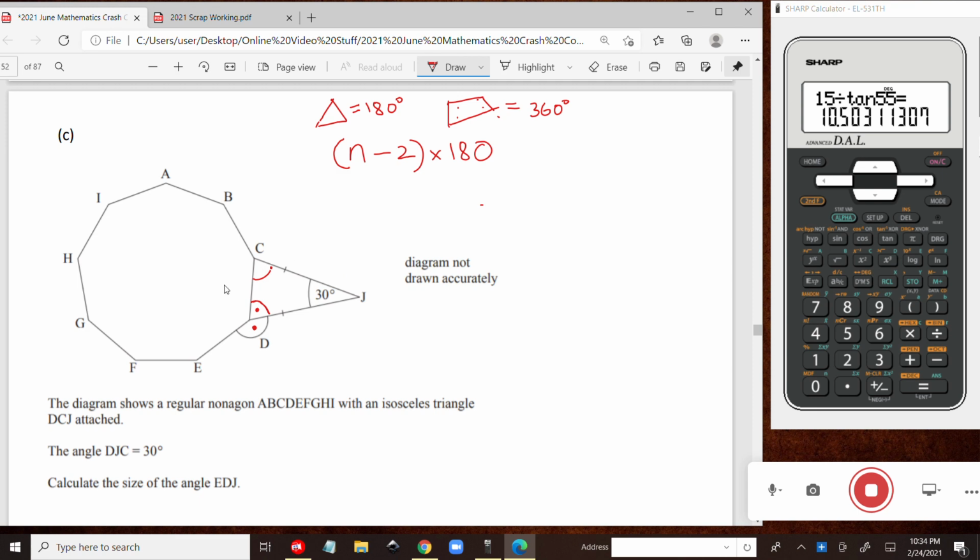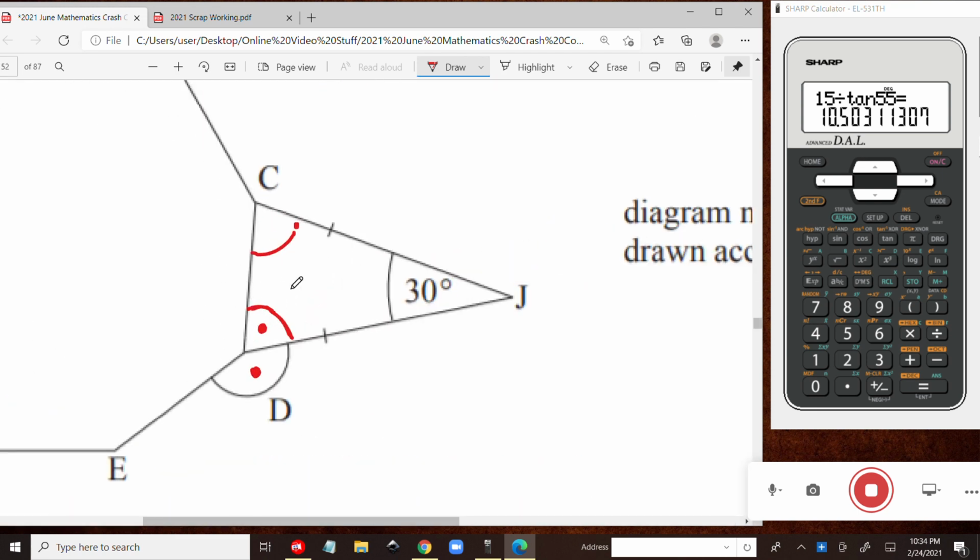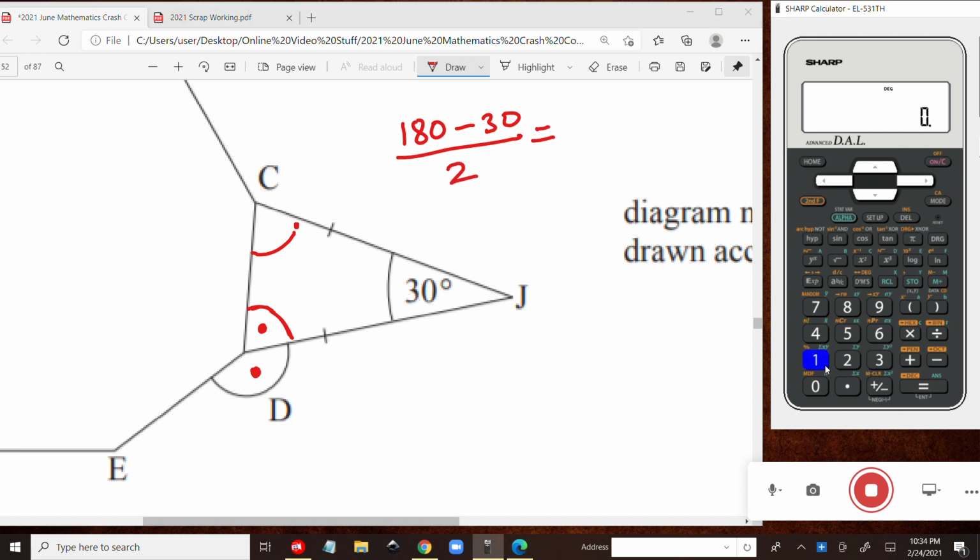So let me zoom in here a little bit. In an isosceles triangle, if this is 30 degrees and these two angles are supposed to be equal, then we can take 180 minus the 30 and divide the answer by 2. So let me work this out. 180 minus 30, divided by 2.